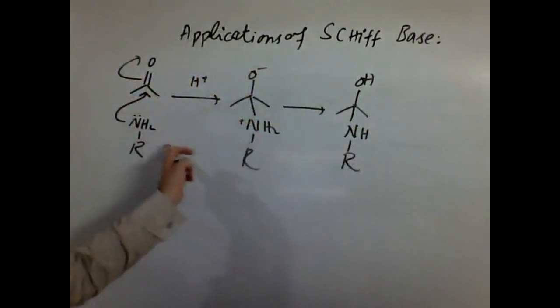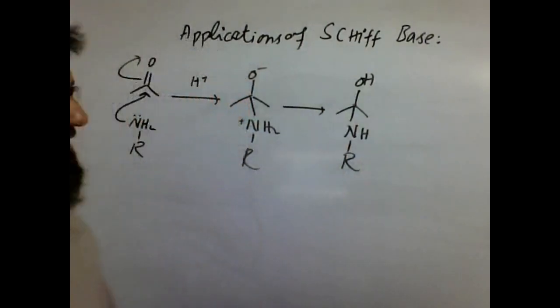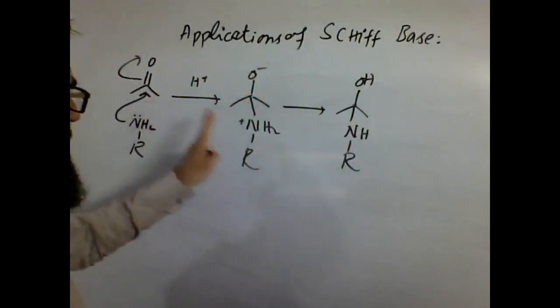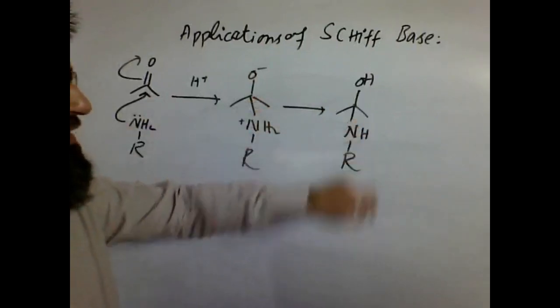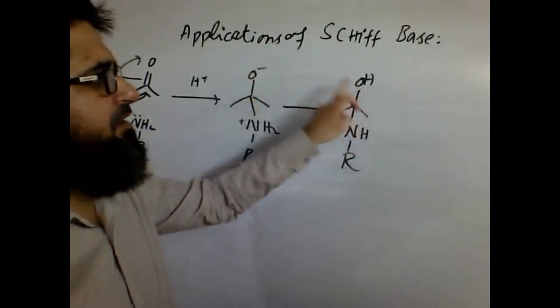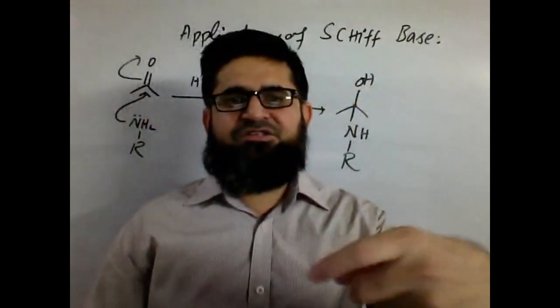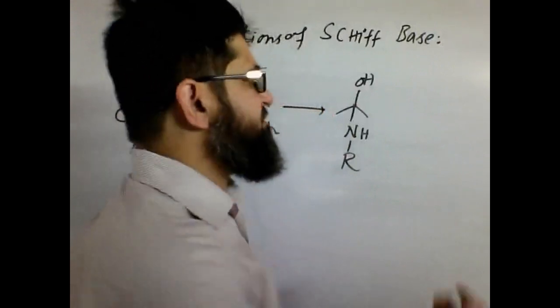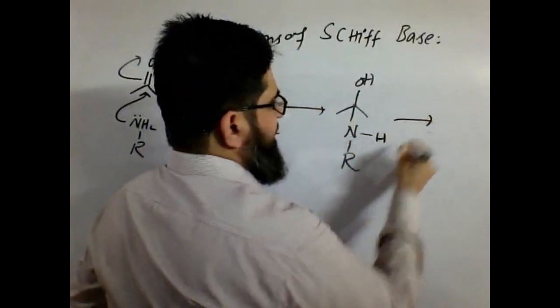So till this step, that's the same as I discussed. A nucleophile gets attached to the carbonyl carbon through nucleophilic addition, giving the corresponding alcohol. But when our nucleophile is an amine, this reaction goes one extra step. What happens?